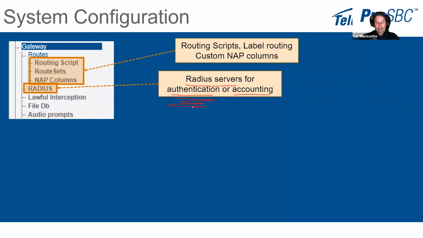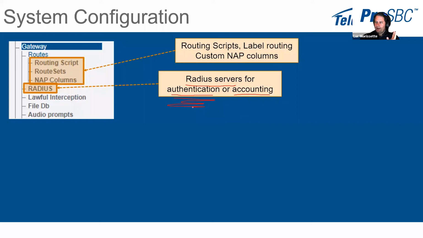Or if it's used for accounting, these are call detail records. So you receive a call in the system, and when the call is made, we send information to the accounting server saying that the call has been accepted and it is being connected. And then when the call ends, it sends another request to the Radius accounting server.